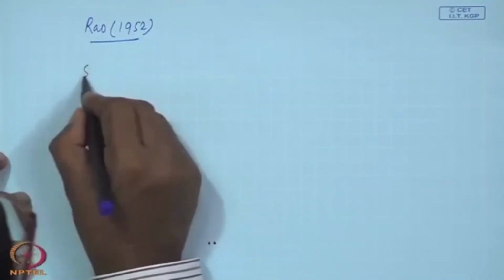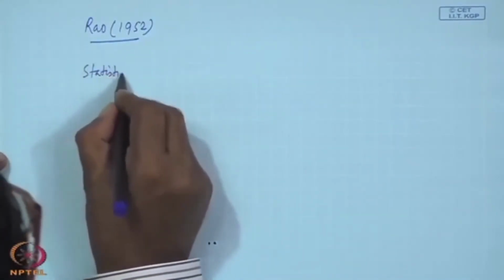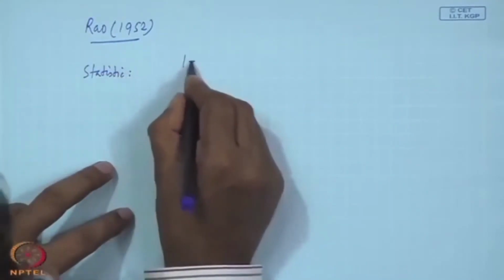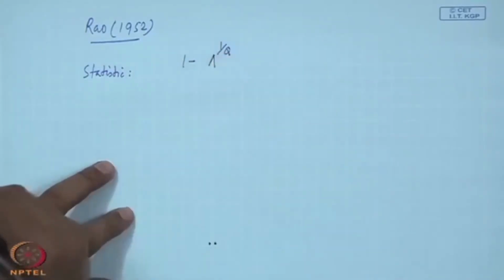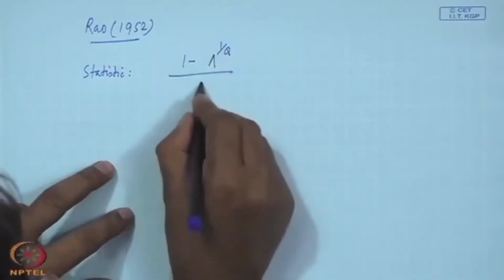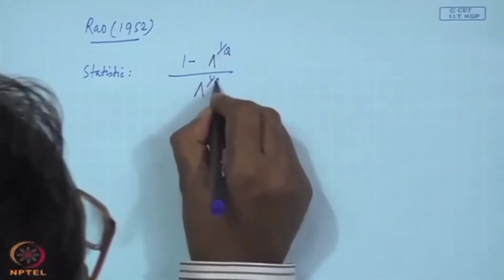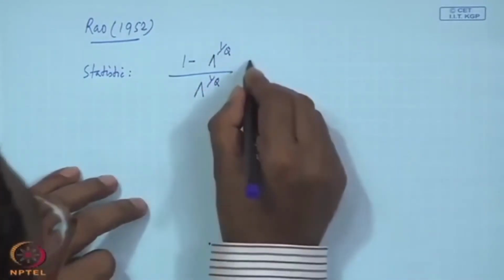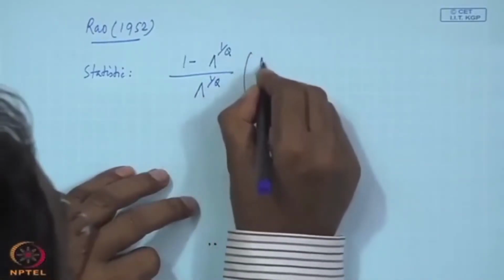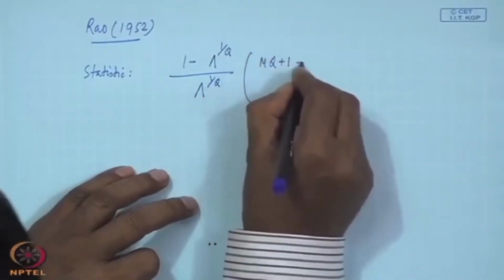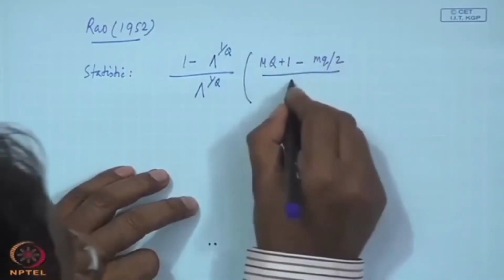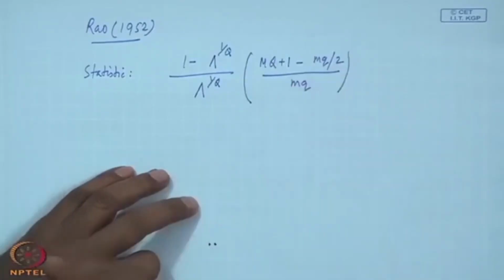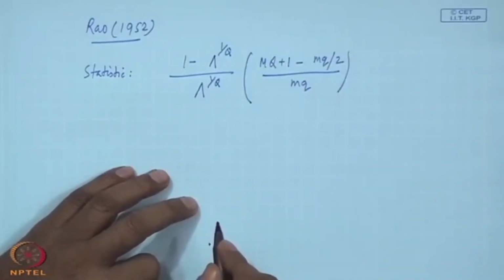His statistic is this one: 1 minus lambda to the power 1 by s, divided by lambda to the power 1 by s, into (ms plus 1 minus mq by 2) divided by mq. This is the statistic. Okay.